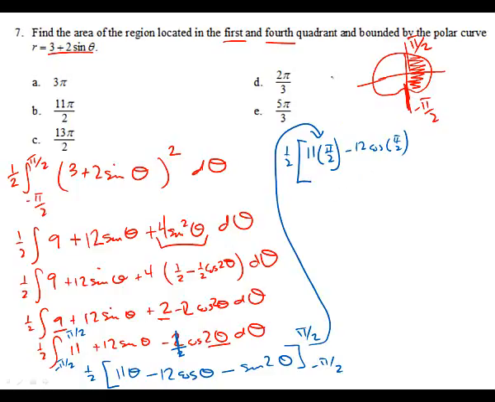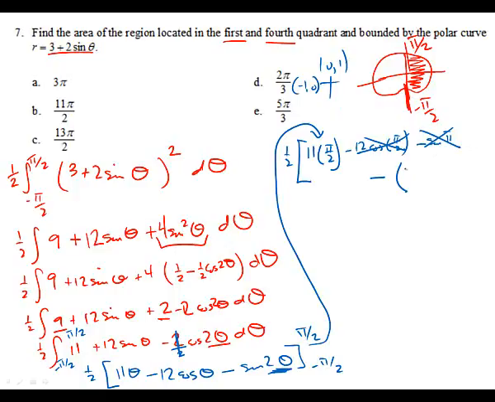What's cosine of pi over 2? 0, that's gone. Okay. Minus, I put a pi over 2 into here. And what does 2 times pi over 2 reduce to? Pi. So we've got negative 1, 0. What does that reduce to? So that's gone.